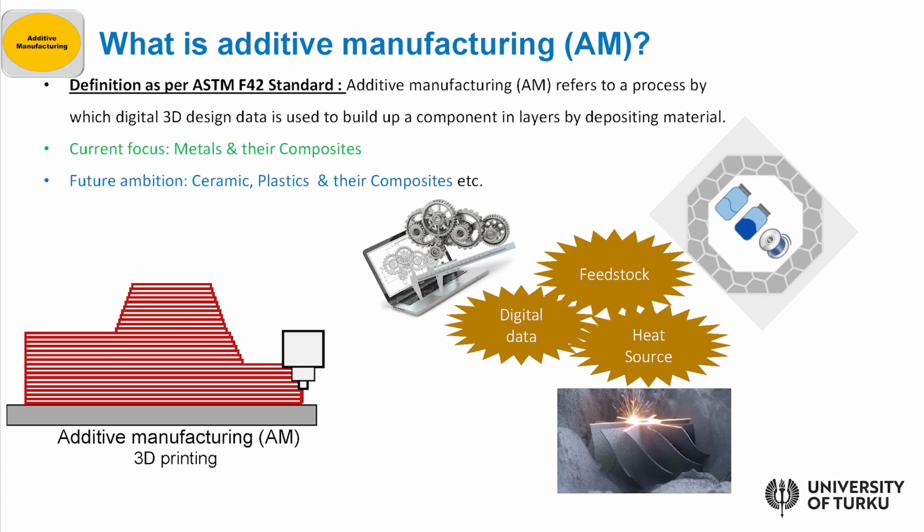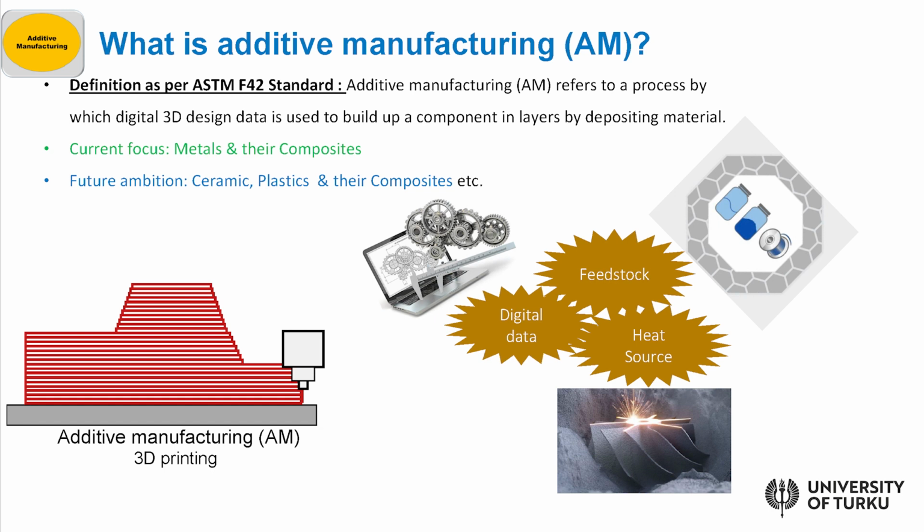So what is additive manufacturing? When you look at AM on the internet, you will find several definitions, but the one that I prefer to use is the one given by the ASTM F42 standard, and it defines AM as a process which uses digital 3-dimensional design data to build up a component in a layer by layer fashion by depositing various types of materials like metals, ceramics, plastics, and their composites.